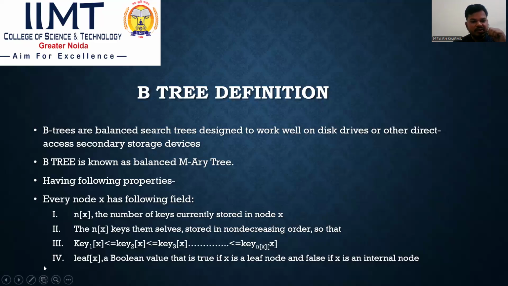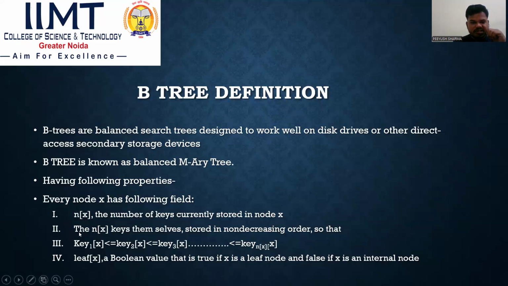So every node in a B-tree contains a number of keys, which can be represented as nx. If nx is 4, that means there are 4 keys in a node. If nx is 5, then there are 5 keys in a node. If nx is 6, there are 6 keys in a node, right?